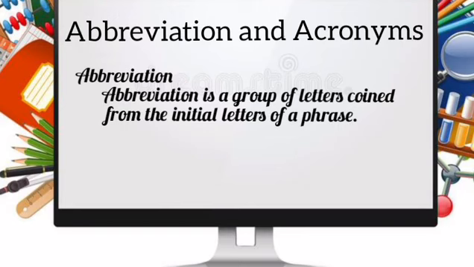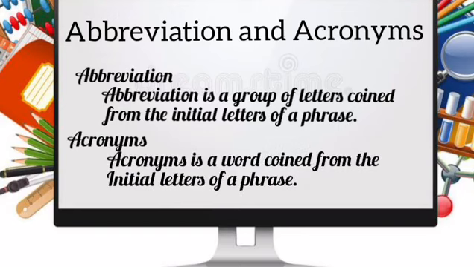What is meant by acronym then? Everybody has a doubt about abbreviations and acronyms. What is the difference between them? An acronym is a word formed from the initial letters of the descriptions of an abbreviation, and it can be read as a word.